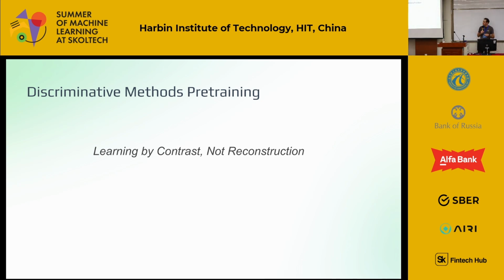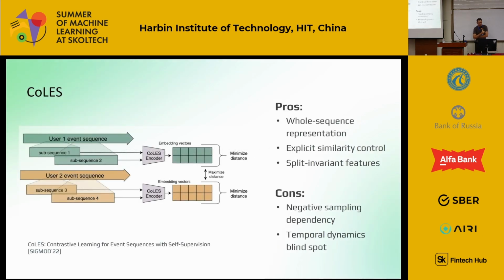Also, we can describe similar or dissimilar objects in the embedding space. Here are the methods developed for event sequences which use this approach.